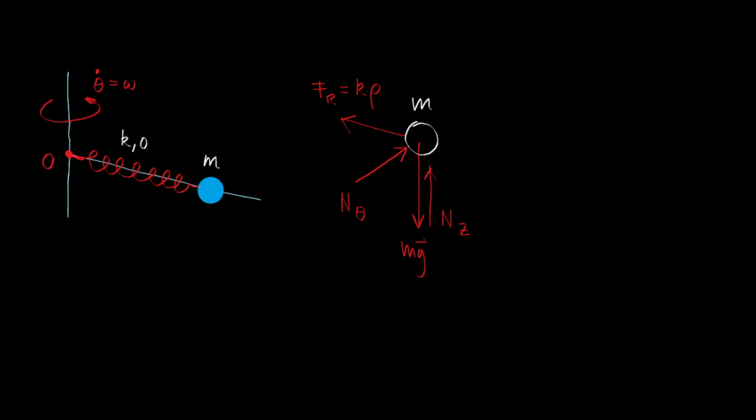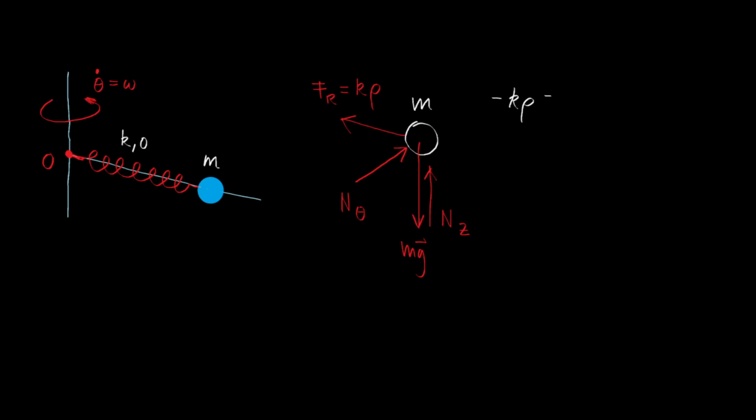So, according to this free body diagram, we can write Newton's second law as follows. In the radial direction, the component of the total force acting on the mass is minus k rho, minus because this force is pointing to the origin of the system.